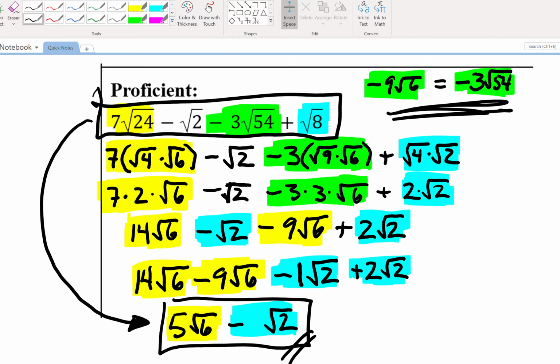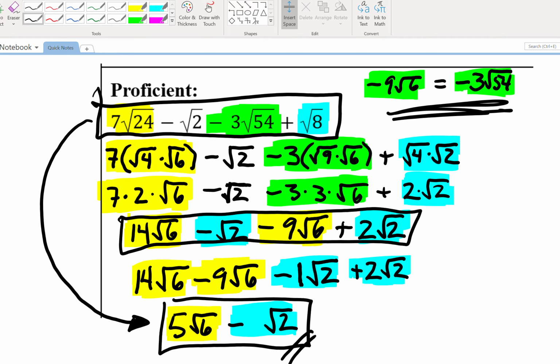So if you're looking for a check, like you're doing a test, you want to know, do I have this right? You could literally plug this in and you could show that it's equal to that. The thing you want to be careful about is just assuming that because they're equal, that you have the right answer. You might have something along the way, like this would also be equal to this up here.